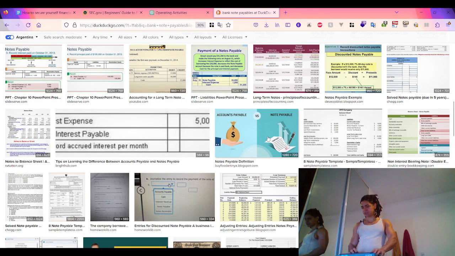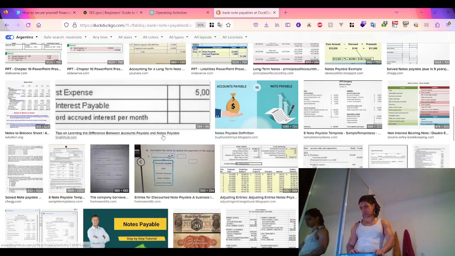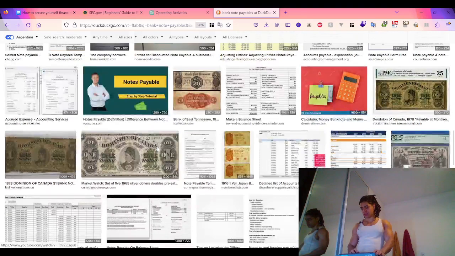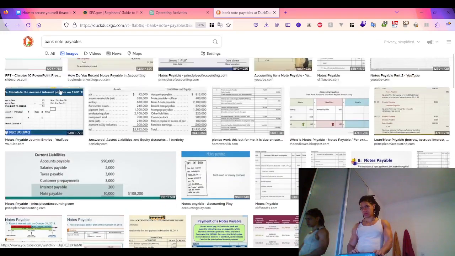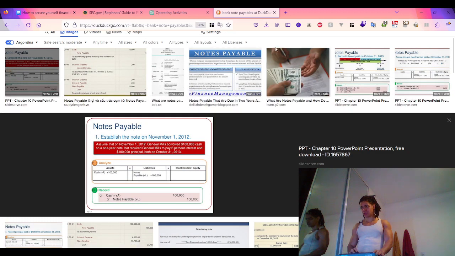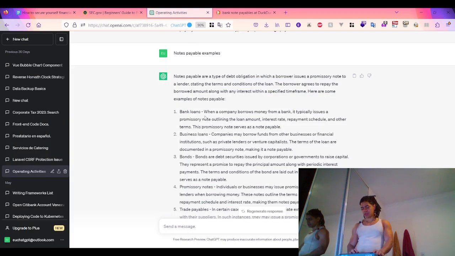Accounts payable and notes payable. So these are obligations that a company has in which the borrower issues a promissory note to the lender outlining the terms and conditions of that loan.